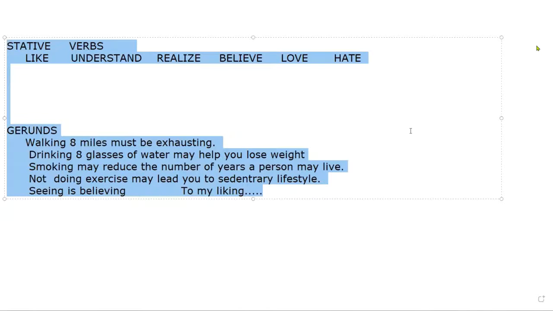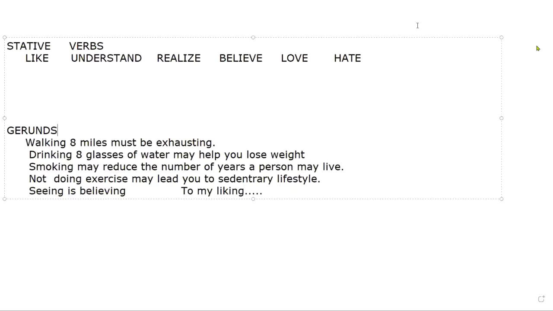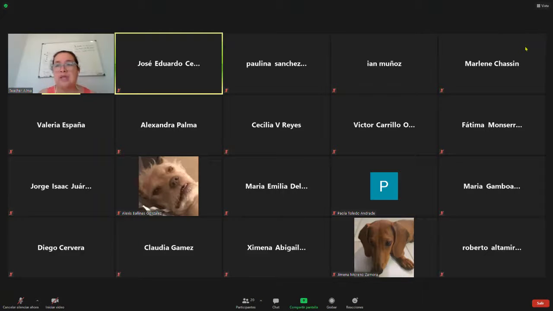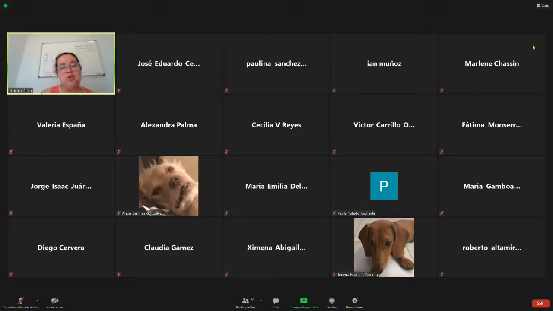Chicos, por favor, si a alguien no le queda claro, no duden en preguntarme, porque el hecho de que ustedes digan, bueno, más adelante lo entiendo, no es cierto. Más adelante no lo van a entender, porque yo voy a ir haciendo crecer esta información y entonces menos les va a quedar claro. Necesito que les quede claro ahorita, aquí, en el momento.